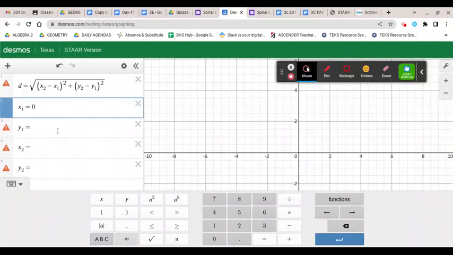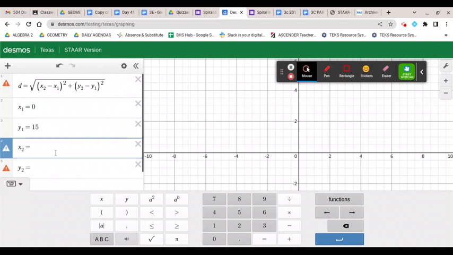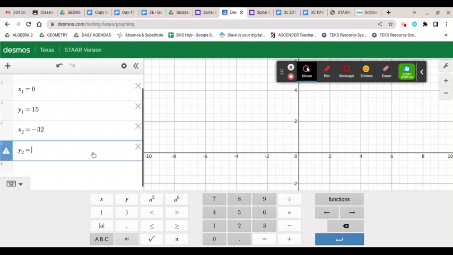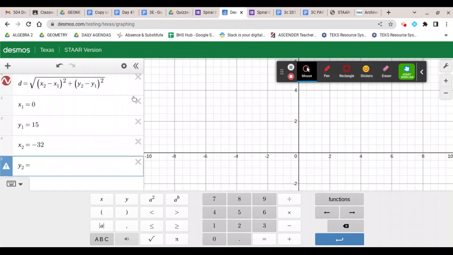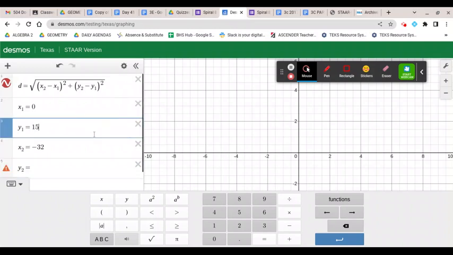So with X1 being 0, Y1 being 15, and X2 being -32, as soon as we type in 0 for Y2, you'll have your distance calculated right there, and you'll be able to find the answer. Pause the video if you need to.